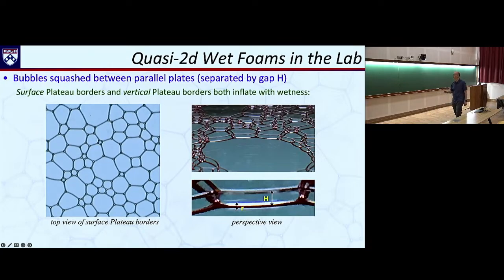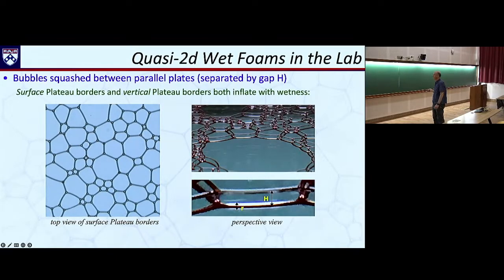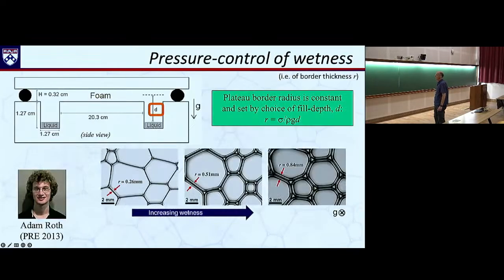So that's kind of cool to look at optically. All right, and this cell, in fact, has a nice feature for allowing us to vary the liquid content. In other words, to vary the thickness of the plateau borders. The sample sits here, and it's surrounded by a circular trough in which we can control the amount of liquid.